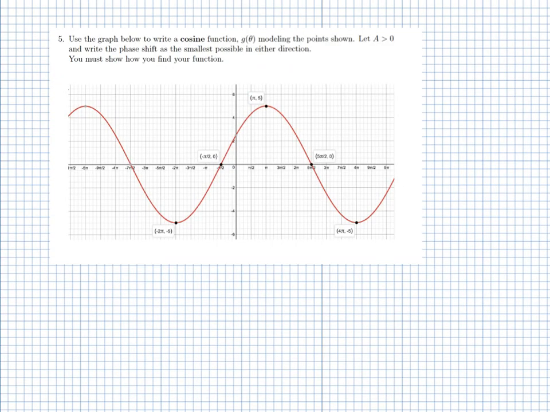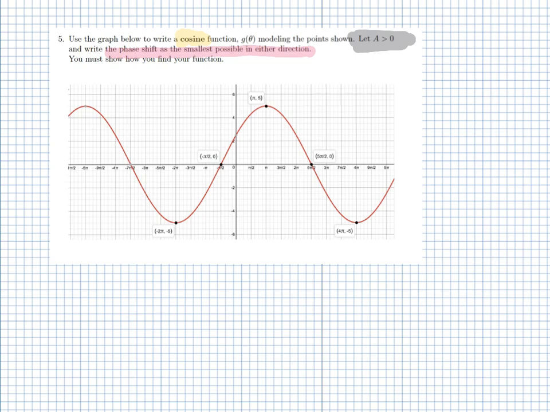For number 5 in this video, we are asked to use the graph given to model a cosine function. It's important to note a couple of things. First of all, we are asked to do a cosine function, so we can try to remember and use pieces of the cosine function so we can figure this out. We are also told that a is greater than 0, and to write the phase shift as the smallest possible in either direction.